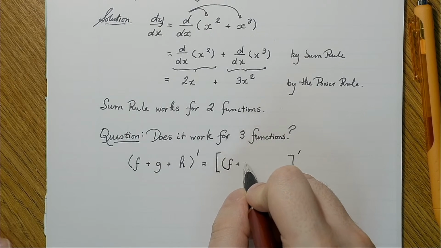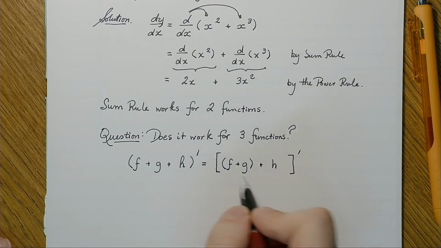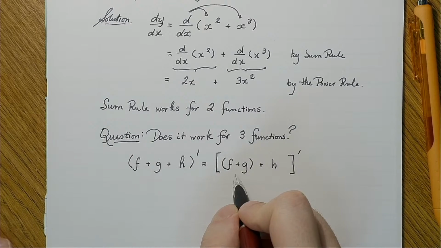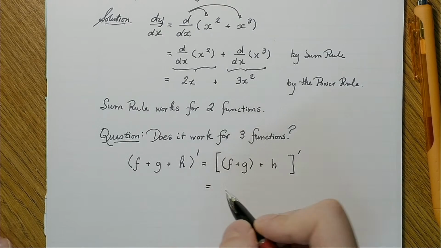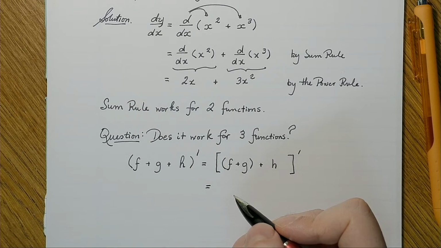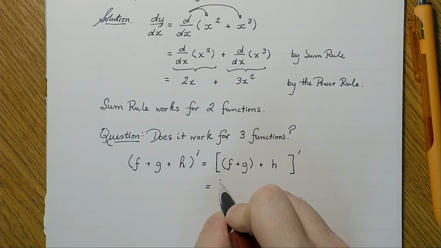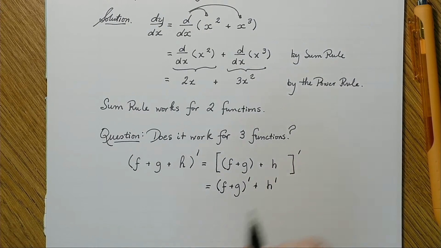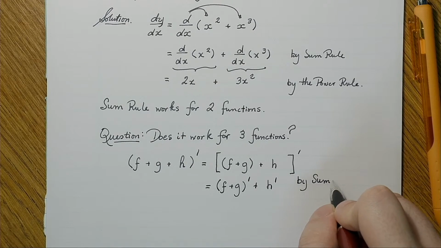F plus G plus H. So what I've done is I've grouped with brackets F plus G. So I'm treating this like one function plus H. So then I can apply the sum rule to that. So that means that I can do (F plus G) prime plus H prime. And that's sweet by the sum rule.